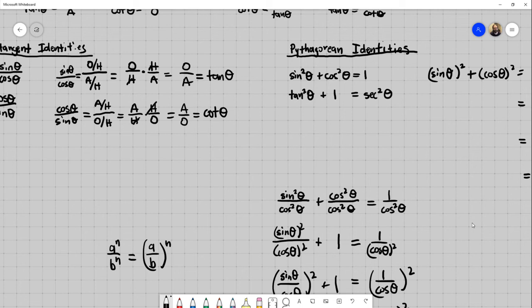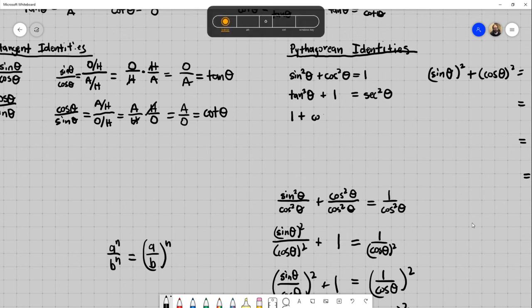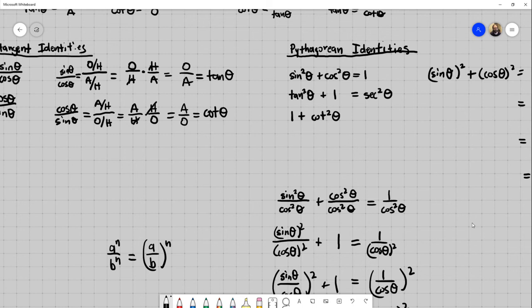And then the third Pythagorean identity is 1 plus cotangent squared theta is equal to cosecant squared theta. So those are the three Pythagorean identities. We actually used the Pythagorean theorem to prove the first one, and then we used some other strategies to prove the second one.